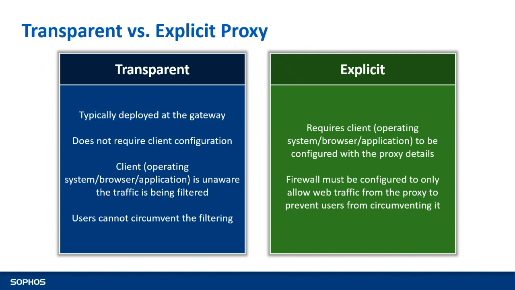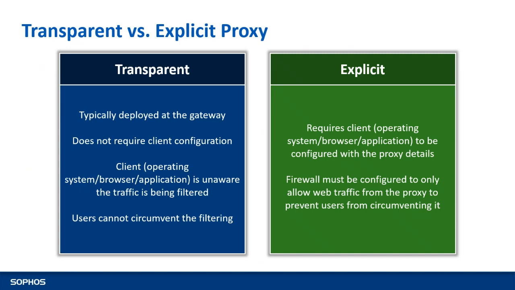In explicit proxy configurations, the client is explicitly configured to use a proxy server, meaning the client knows that all requests will go through a proxy. The client is given the host name, IP address, and port of the proxy service.